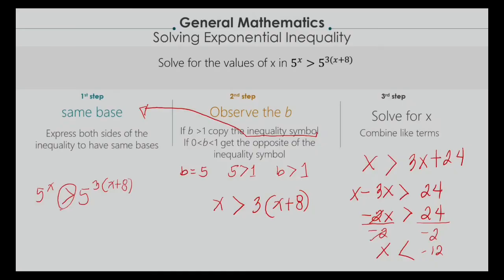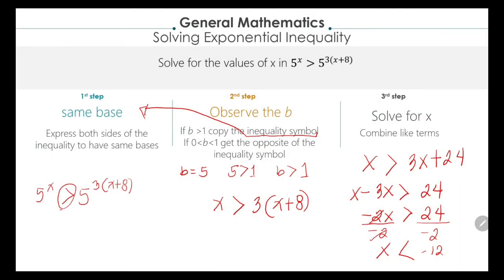Bakit pinalitan ng opposite symbol? Dahil bumaba yung kanyang value. Every time na magmo-multiply ka or magdi-divide ka ng negative, bababa yung kanyang value. Hindi ba? Or mababago yung value niya. That is why, papalitan mo ngayon yung inequality symbol.